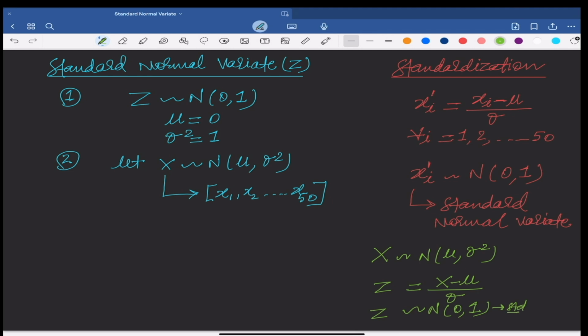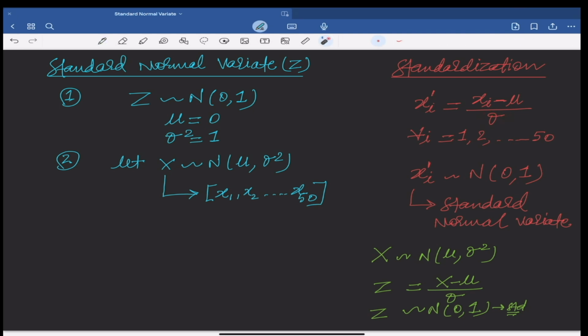For example, if you are given 50 values of petal length, you can standardize them by subtracting the mean of all these values from x and dividing by the standard deviation.